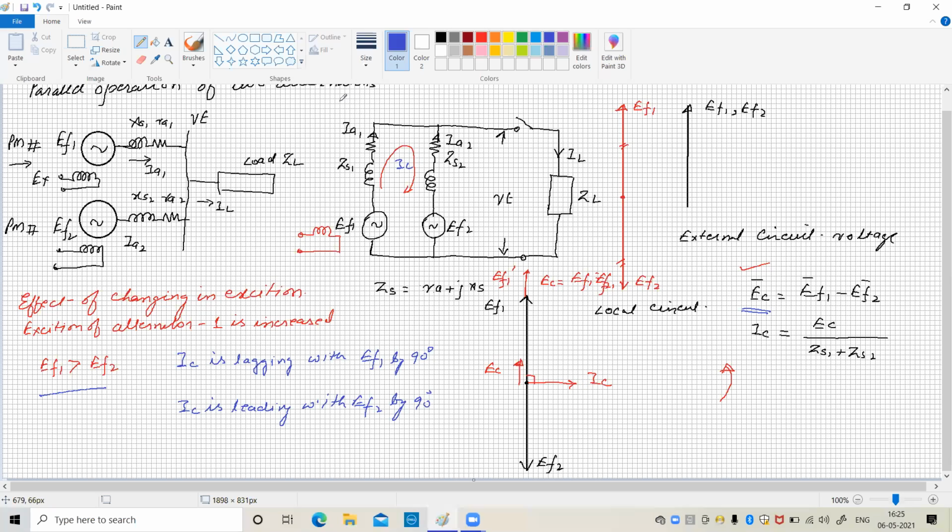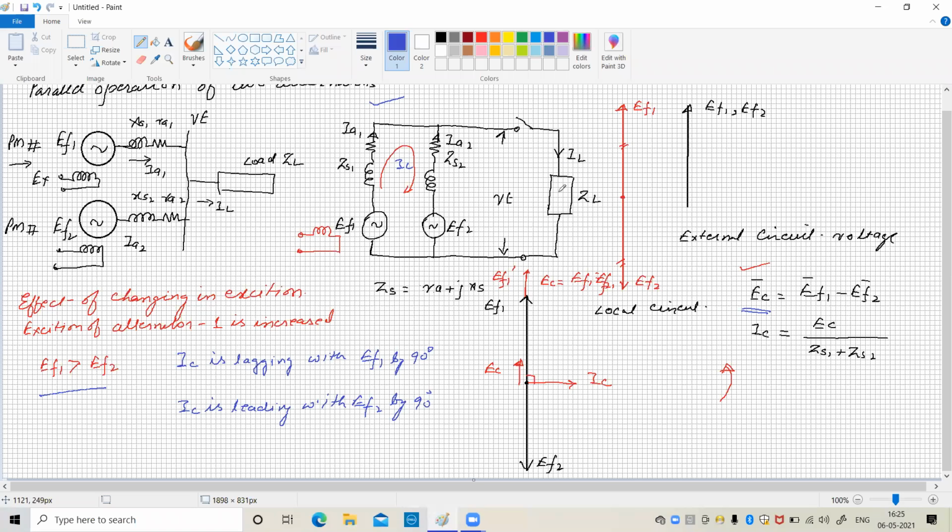Now if you look at this equivalent circuit, we find that this circulating current is not utilized by the load. Even if it is connected with a load, the circulating current only circulates in the local circuit of alternator 1 and alternator 2.